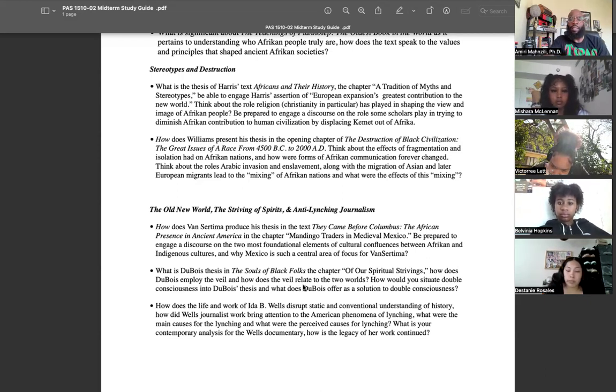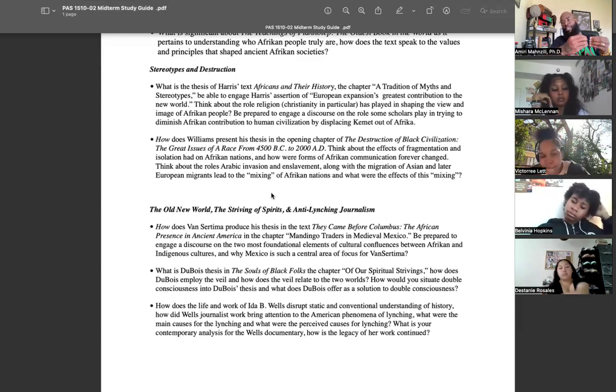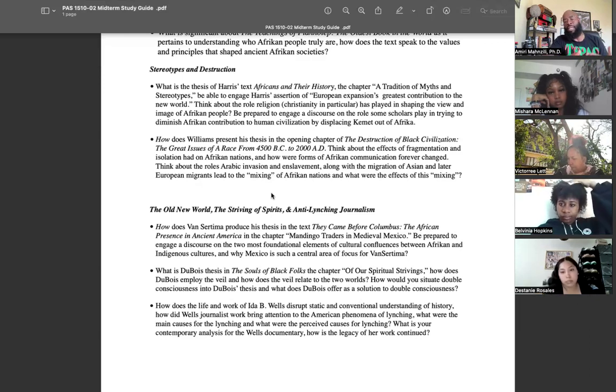And then finally, Mexico is a central area of focus for Van Sertima because he says it is in Mexico where you see the confluence of culture, right? Anywhere where you see people come together, you'll see the confluence of blood. You'll see babies being made. That's not too phenomenal, right?